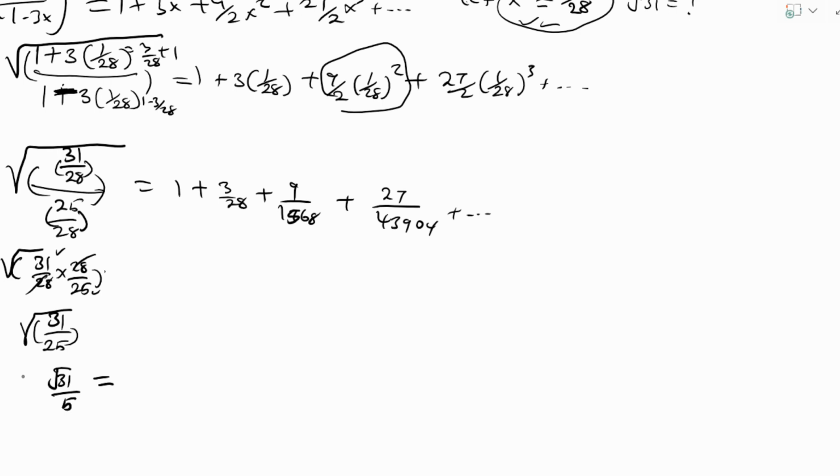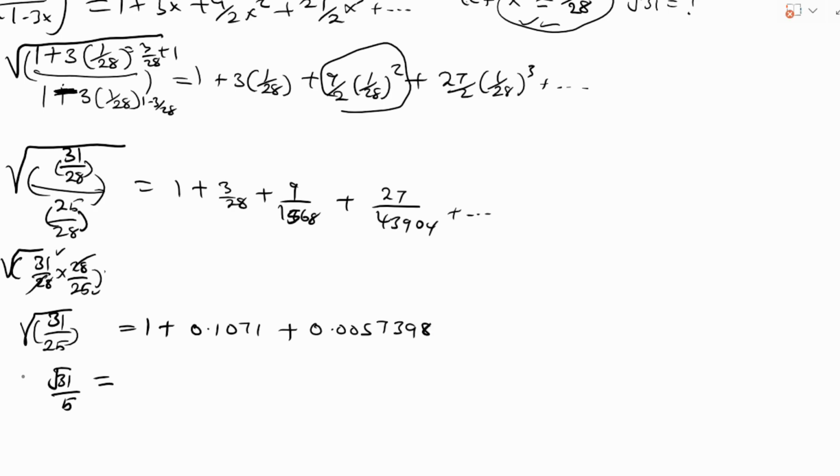You shall have 1 plus 3 over 28, which is approximately 1.1071, and then added to 9 over 1568, which is approximately 0.0057398.